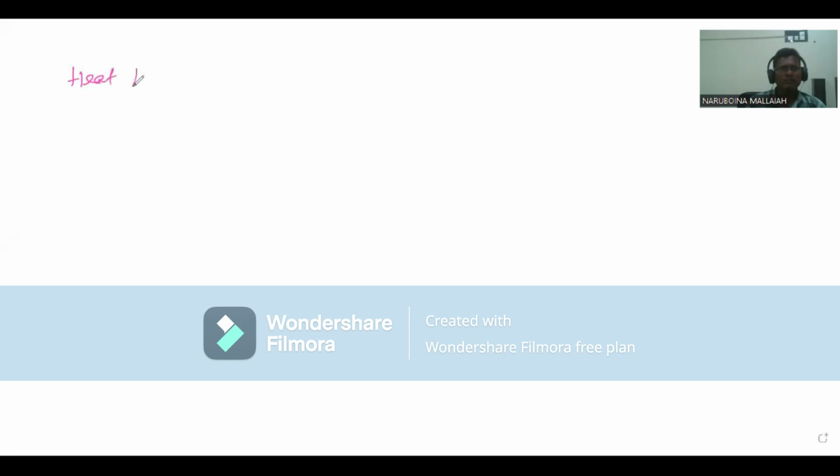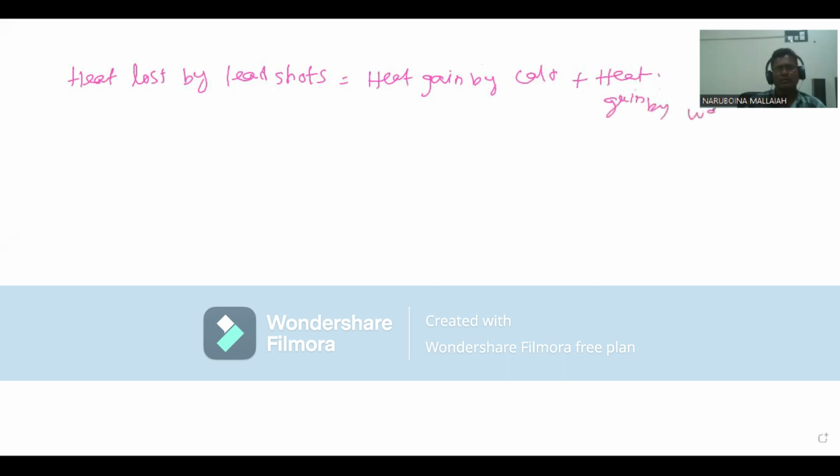Heat lost by lead shots is equal to heat gained by the calorimeter plus heat gained by the water.